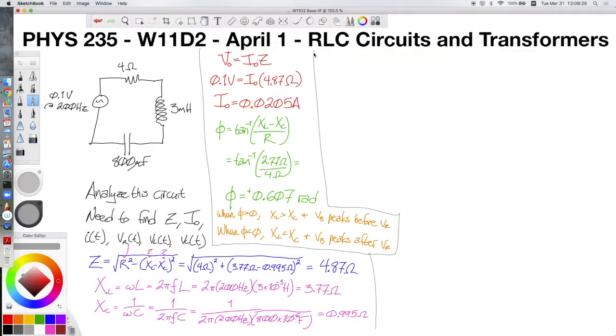So we already expected this bit about the battery voltage peaking before V_R, and now we can tie that to whether phi is positive or negative. So from here, we now need to be able to find the current in the circuit or the voltage across any of our circuit elements at any point in time, and I will give you some formulas to do so.